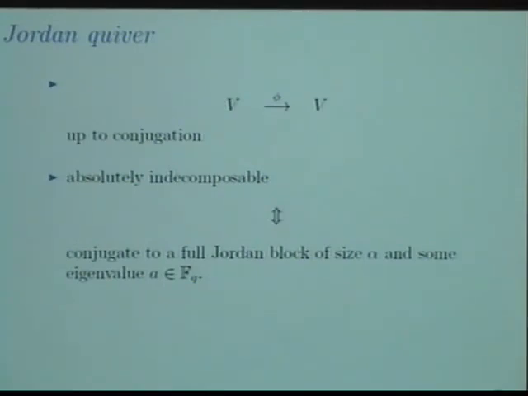And if you think about it, to be absolutely indecomposable simply means that this map has to be one full Jordan block of that dimension. So you have one choice left, which is the eigenvalue. To be indecomposable over the algebraic closure, it has to be one block with an eigenvalue a in F_q. So there are q of those, one choice for each eigenvalue. So this polynomial, in this case, is simply q.